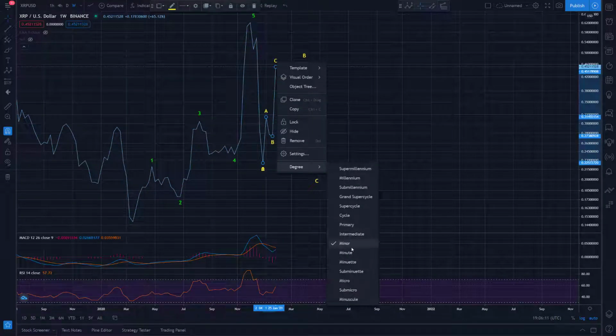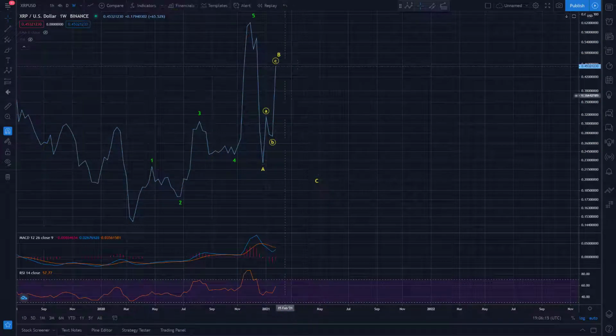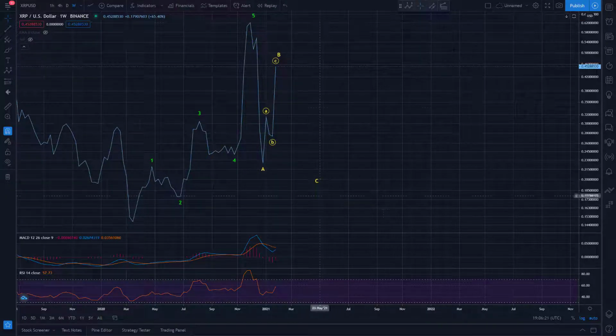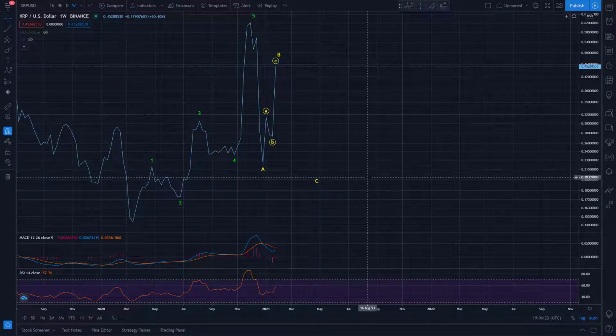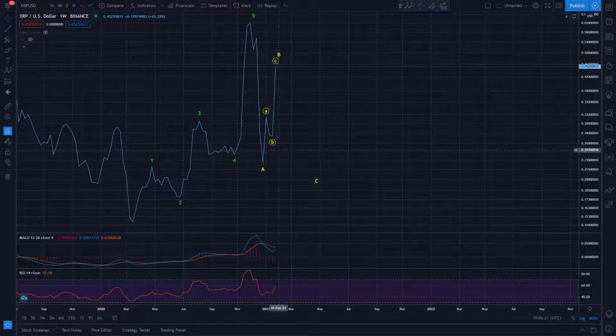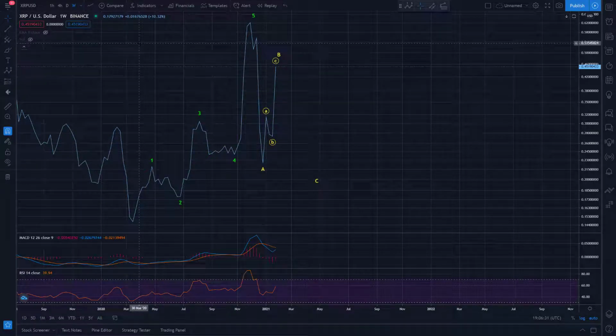Let me just drop the degree down one there. ABC up for B. And we're going to come down one more time in this C wave. And then that would ideally set up the next major trending move to the upside. So just a hypothesis I'll throw out there. Try and make some sense of this fairly messy chart.